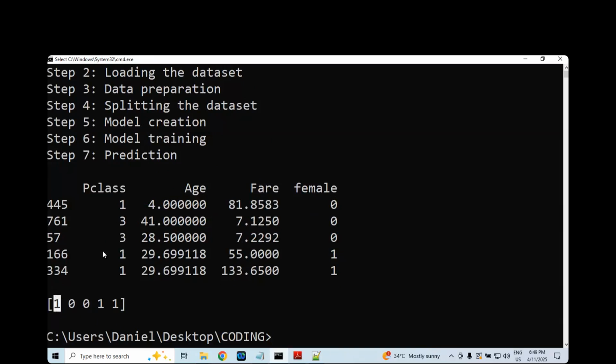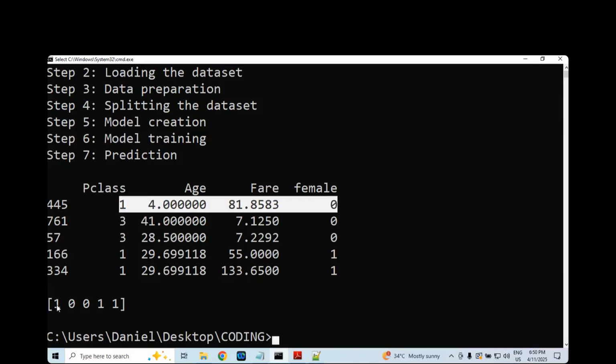We are doing prediction. Third class, age 41, fare 7 euros. Zero means male. Not survived. Like that you need to understand. This one is input, this one will be the prediction value. Prediction output, that's what you need to understand.